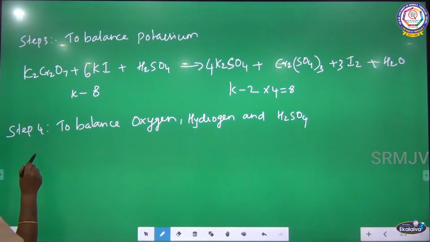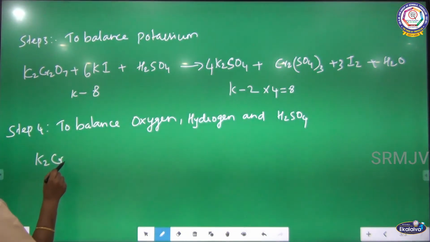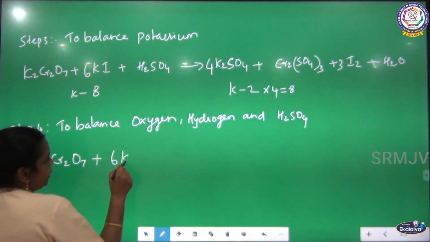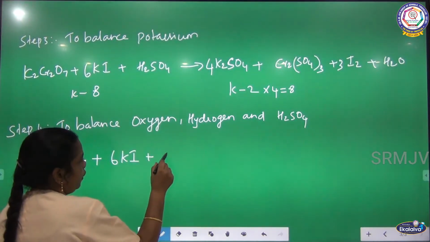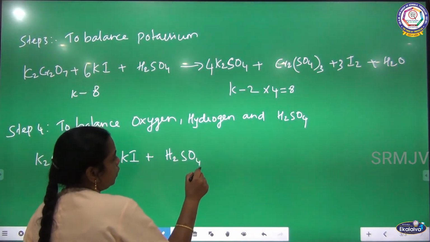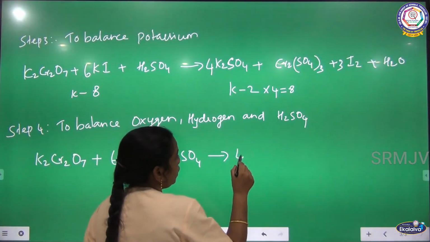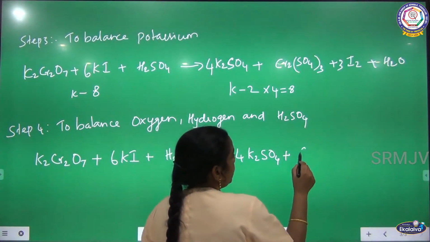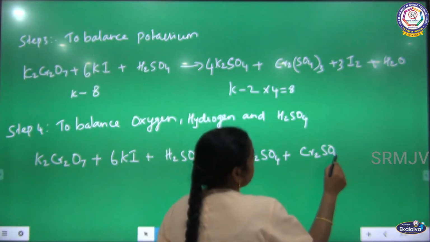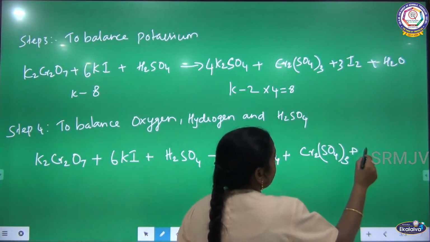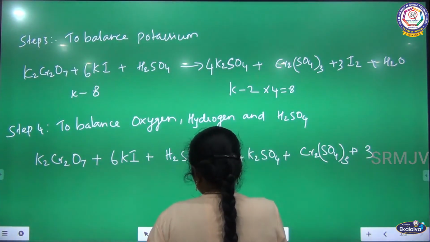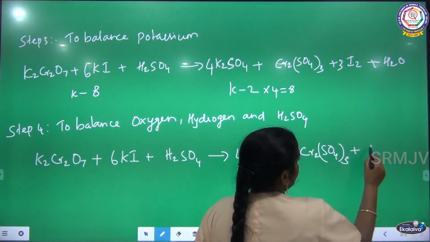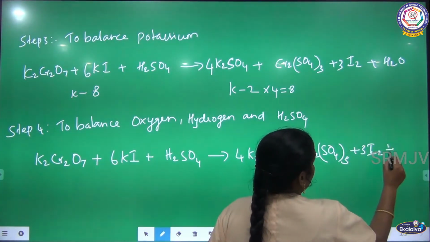Now write this equation: K2Cr2O7 plus, already balanced potassium, 6 potassium iodide, H2SO4 gives 4 times potassium sulfate and chromium sulfate plus 3 iodine molecule, 3 I2 plus H2O.